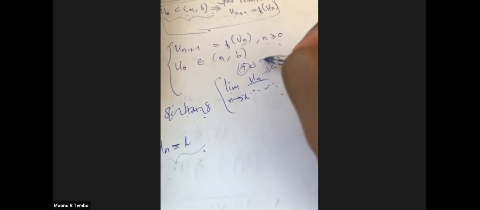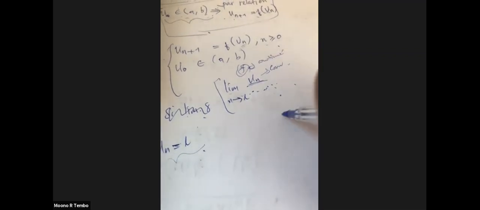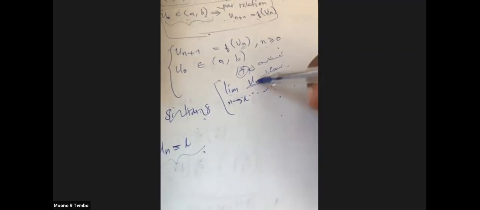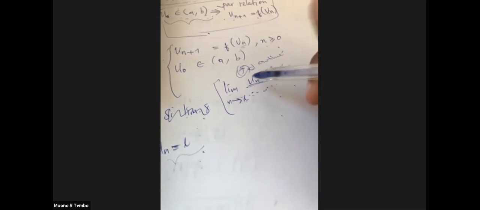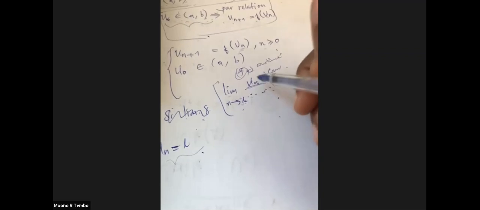Now this F is going to be continuous, and we then have to verify the relation between the U_n and the L.